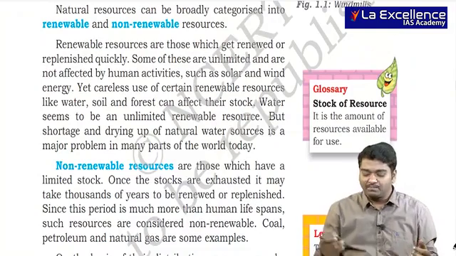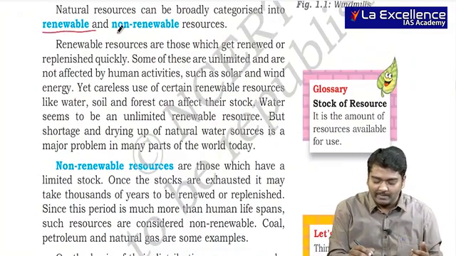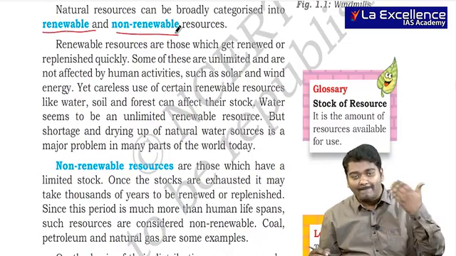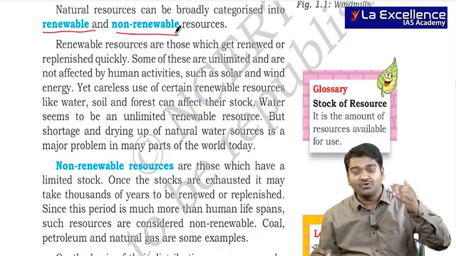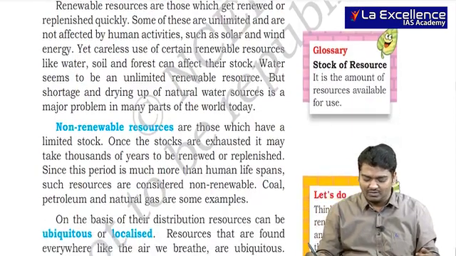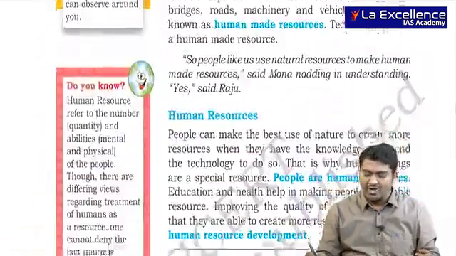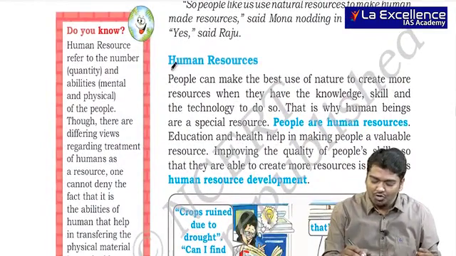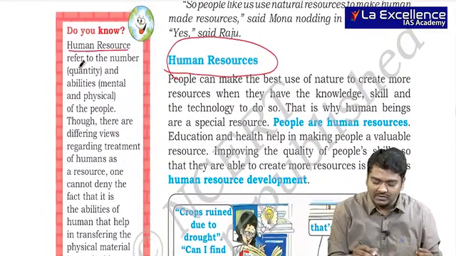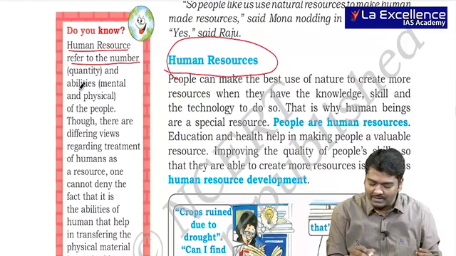Then you have a simple example of renewable and non-renewable. Non-renewable resources do not come back, renewable resources you can use again and again. All this information is easy, so you need not worry about it. Then you have something called human resource. When we talk about human resource, we refer to the number and abilities of the people.